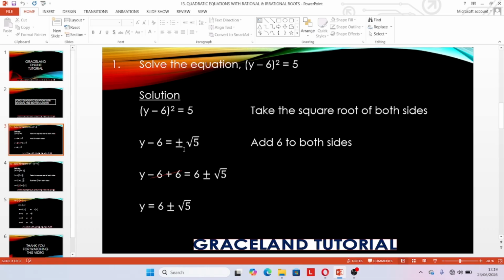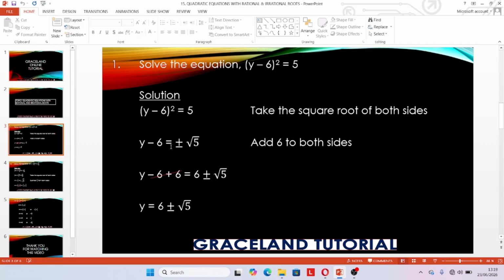For instance, the square root of 5 is 2 point something, and then you keep having other figures without it terminating. That is why we refer to them as irrational numbers. So let's go back to our solution.